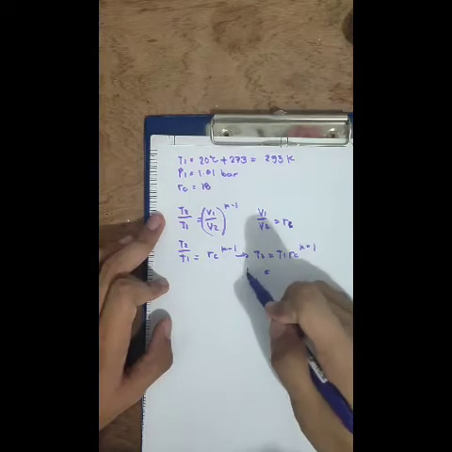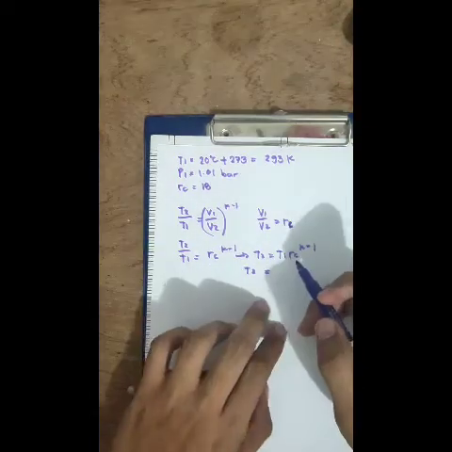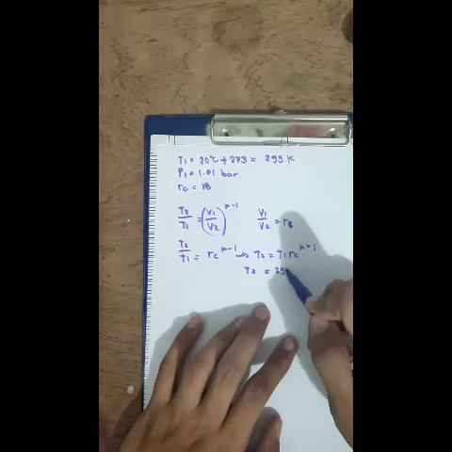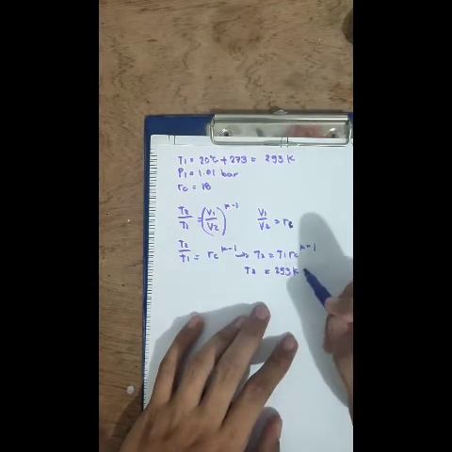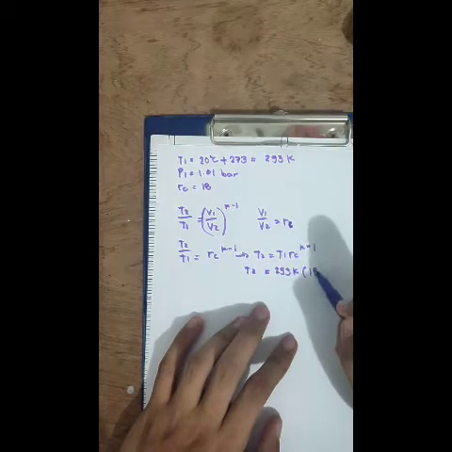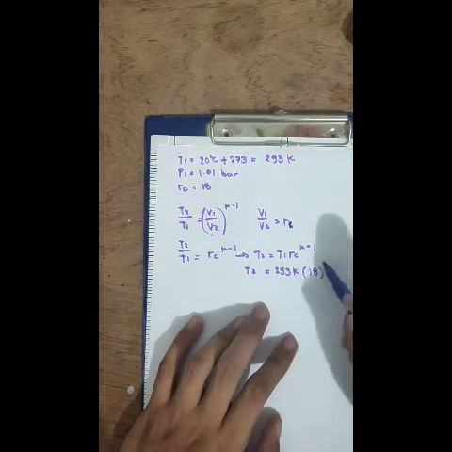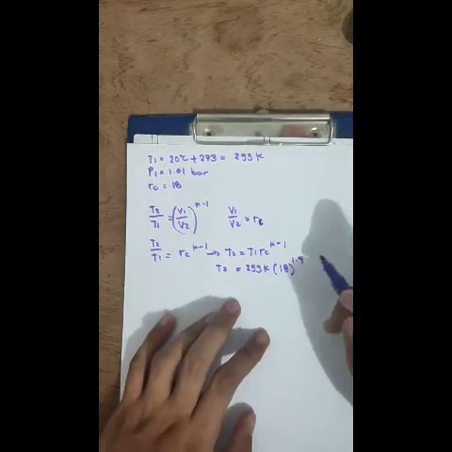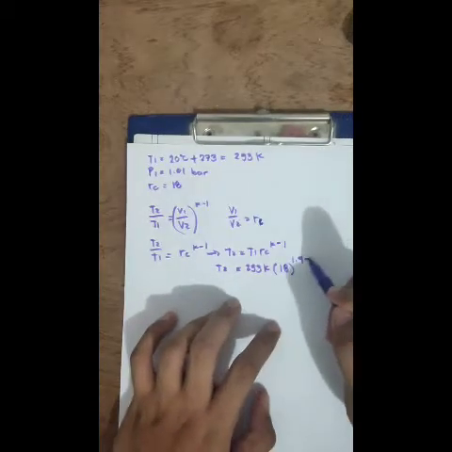So T2 is equal to, we have to substitute all the data here. T1, which is equal to 293 Kelvin, multiplied by RC, which is 18, raised to K, because it's air. The standard for K is 1.4, minus 1.